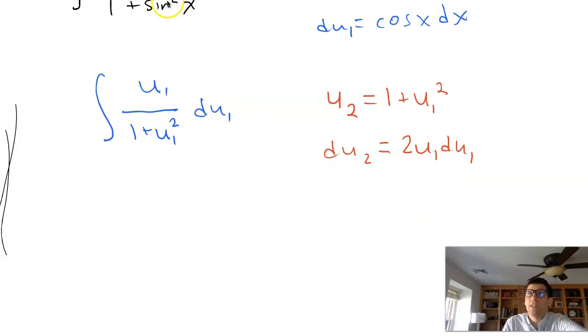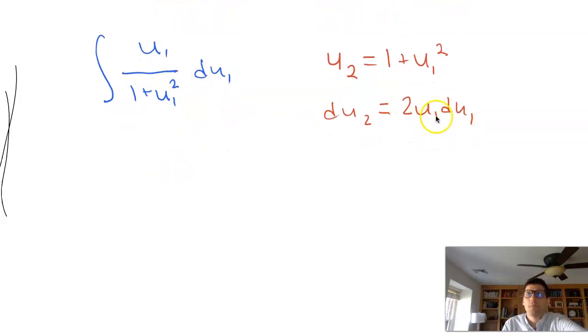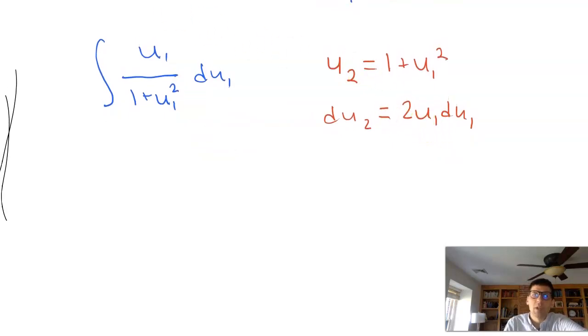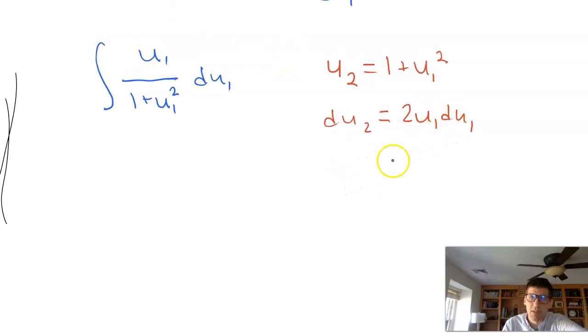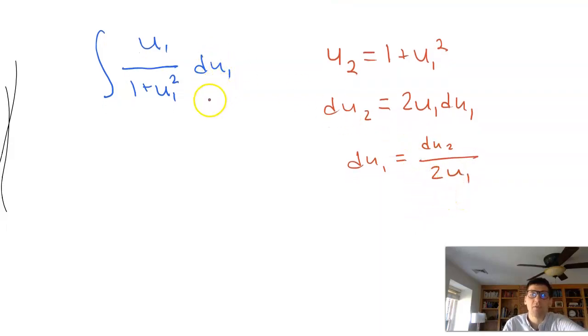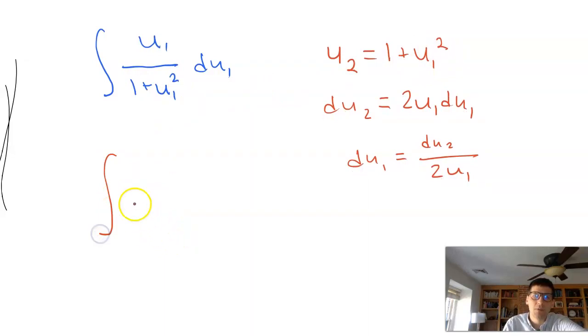So this maybe allows me to rewrite now using the du2. If I wanted to, we found this to be the easier method, so that means du1 is just going to equal du2 over 2u1, right? Now when I replace all of this in, I'll replace this whole thing, 1 plus u1 squared, the denominator, with u2.